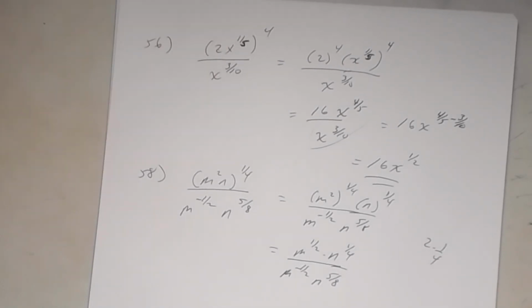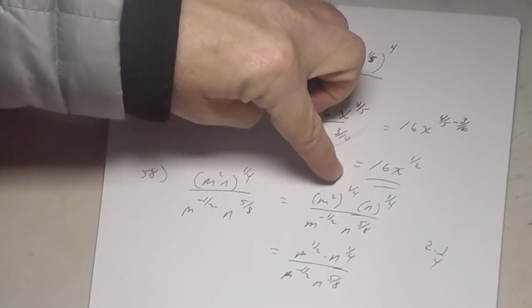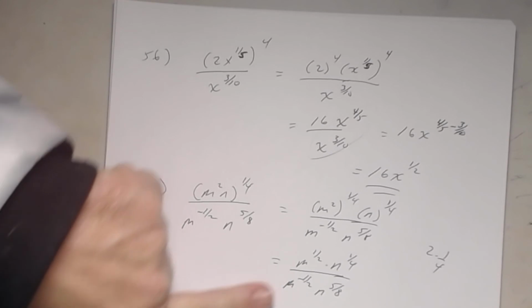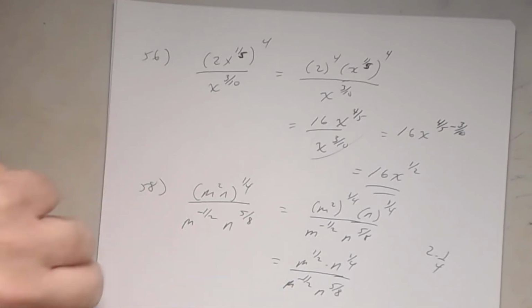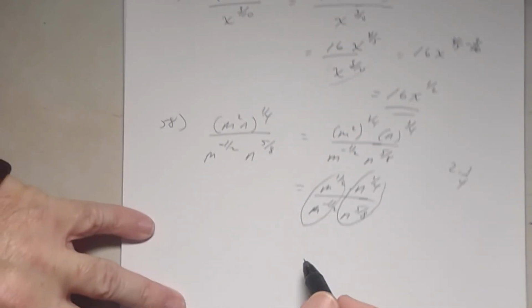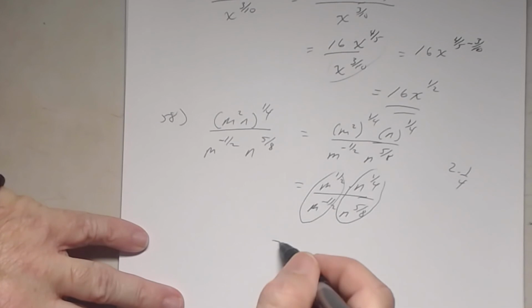All right, so that's where I'm at. To go from here to here, I used the power of a product, and to go from here to here, I used the power rule. Now I'm going to use what rule? Quotient. So use the quotient rule with the base m's, and use the quotient rule with the base n's.